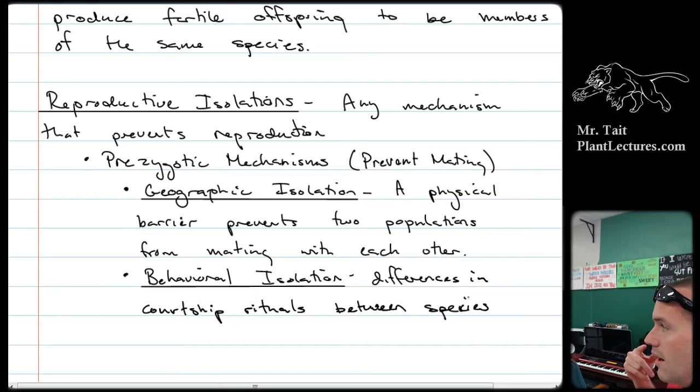And so as populations remain separated by geographic isolation, it's possible for the behavioral isolations in them to build up, okay? So in the case of the finches, all of the finches have separate mating songs, right? And if you're not singing the right song, you're not attracting a mate.